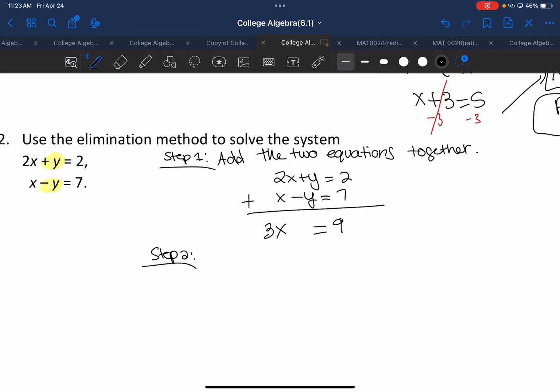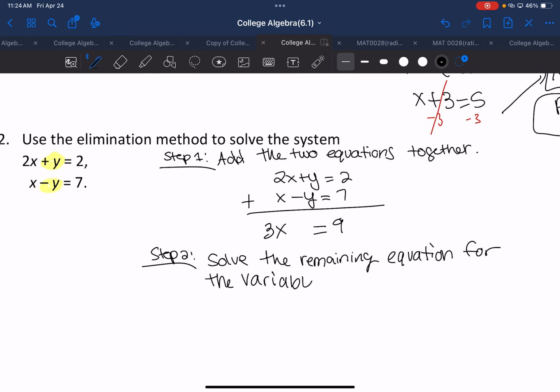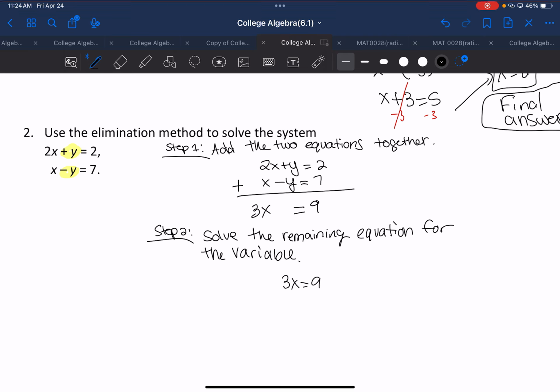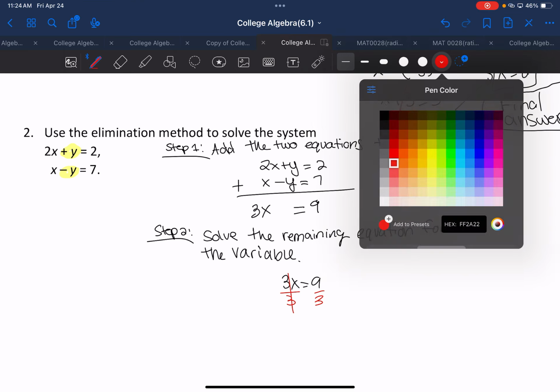And then step 2, I will solve the remaining equation for the variable. So now I just have 3x equals 9. So I just divide both sides by 3, and that will give me x is equal to 3.